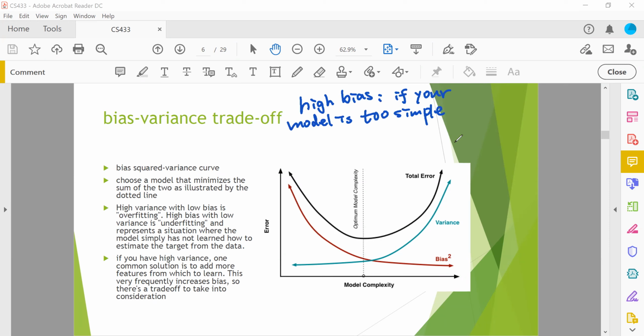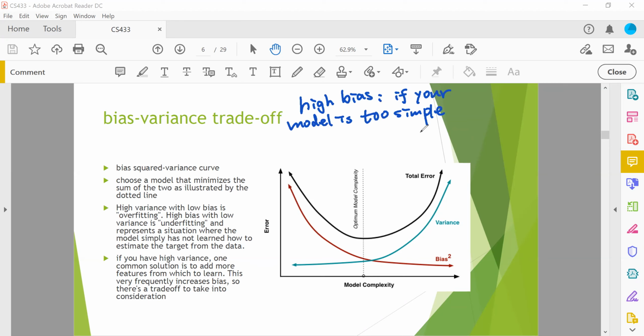Assuming your model should be a polynomial model, but you use linear regression, then of course the model's accuracy will be low. So that means your model is too simple.